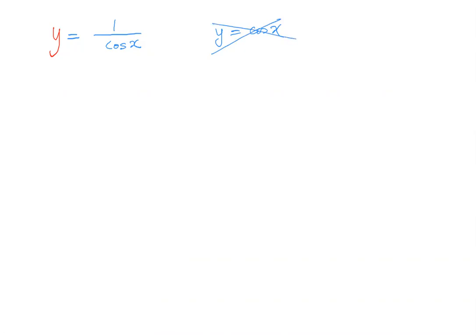Because it's written as 1 divided by cos x. When you have something divided by, what should you do? How should you rewrite this? We have to rewrite this with a power of negative 1. So what rule must I use? Can someone tell me what rule I should use to get the dy/dx?